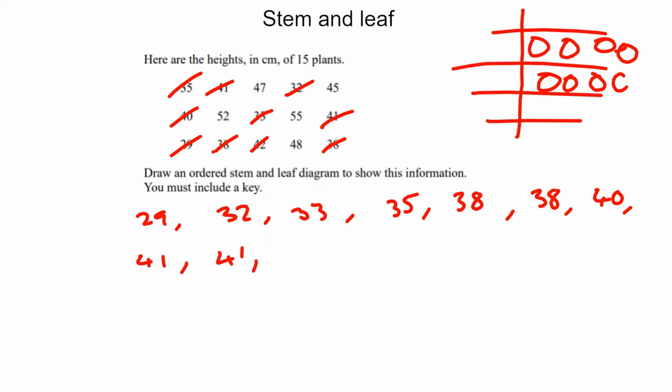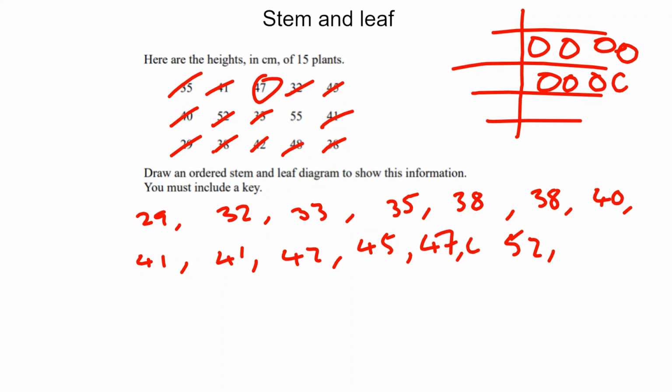A 42. 45 and 48. A 52. Oh, I've missed one. Straight away, because I'm crossing them out, I can see I've missed the 47. So I'm just going to shimmy my 48 along and put in my 47 as well. And then we finish off with the 55.